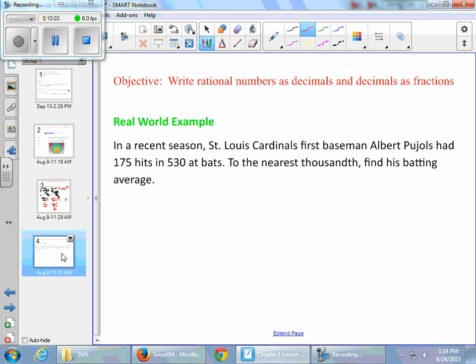So in our real world example, this one, in a recent season, St. Louis Cardinals first baseman Albert Pujols had 175 hits and 530 at bats. To the nearest thousandth, find his batting average. Okay. What we're going to do here is we're going to make a ratio. Remember, you have parts over whole.